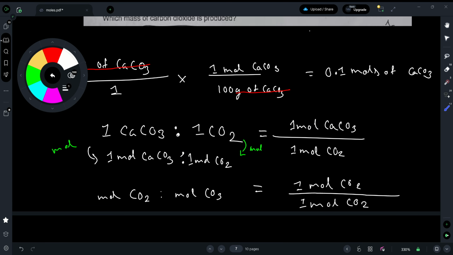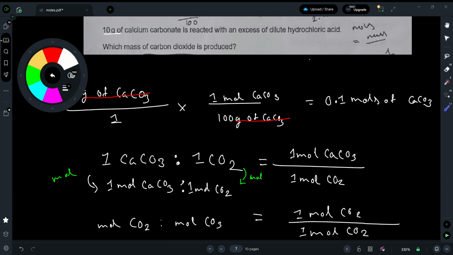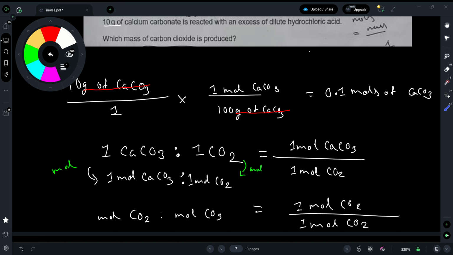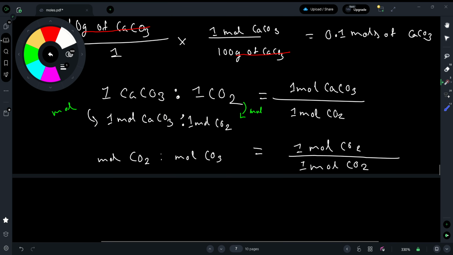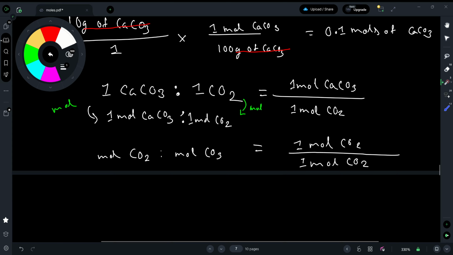Now, since this is 1:1, you generally don't need to write this. You don't even have to go for the next step. You could just write directly that for 0.1 moles of calcium carbonate, you're going to have 0.1 moles of carbon dioxide. But in the case that your ratio is different, I want to show how to do this.